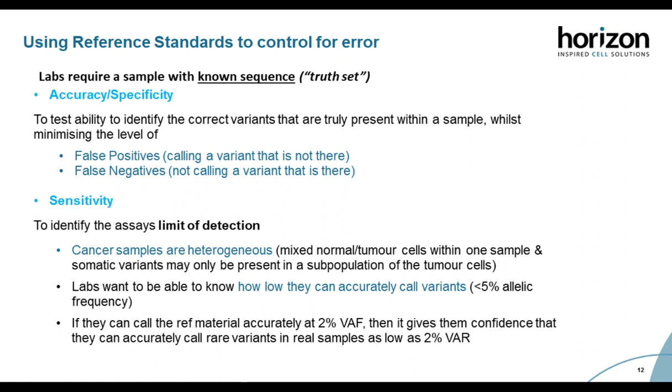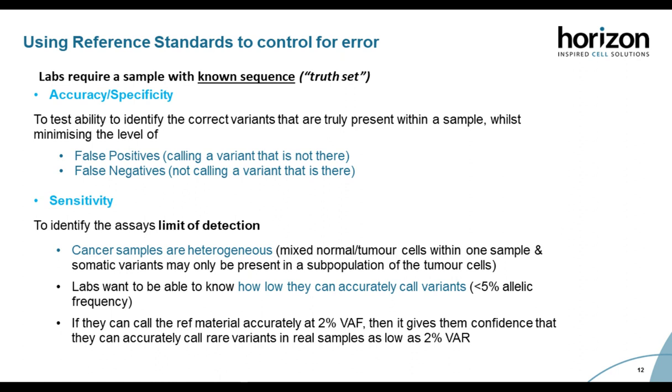Looking at sensitivity, it's critical to identify the assay's limit of detection. This is because cancer samples are heterogeneous in nature and have a mixed normal and tumour cell population within one sample. And somatic variants that may be driving that cancer could only be present in a subpopulation of the tumour cells.